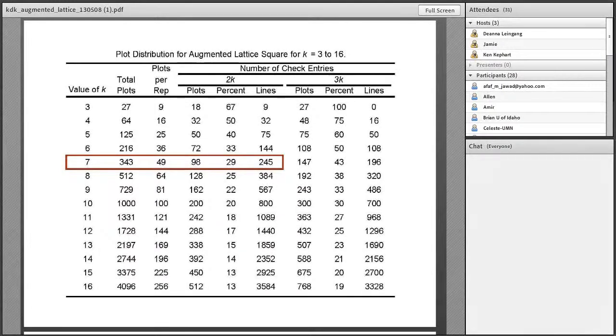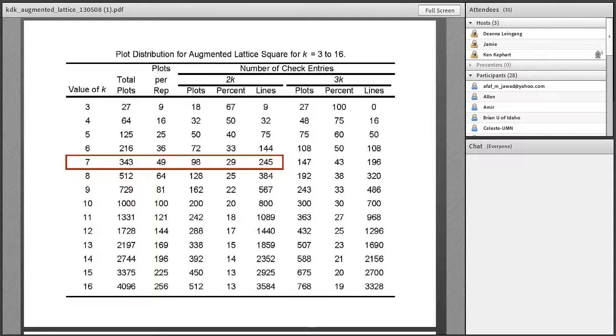And so for a number of years, I've been trying to figure out what we could possibly use as an alternative to this 16 by 16 double lattice, something that would permit us to evaluate the same number of breeding lines, but would be more manageable from a planting and a breeding standpoint. And of course, that's what led me to my interest in the augmented lattice square design.